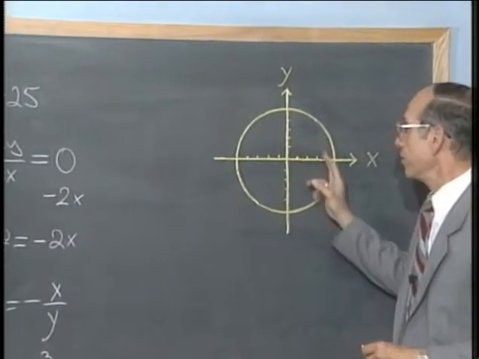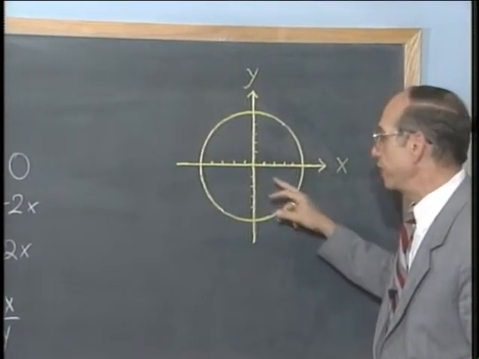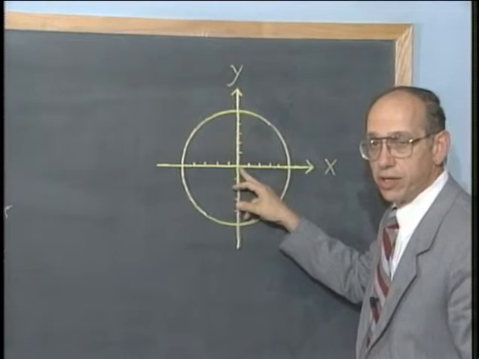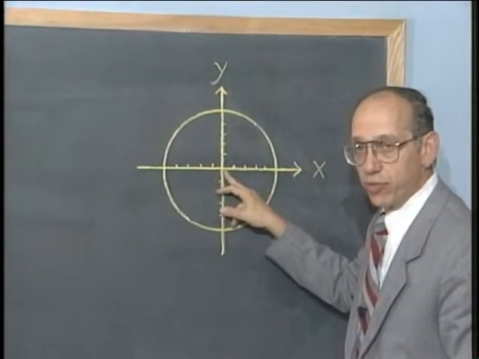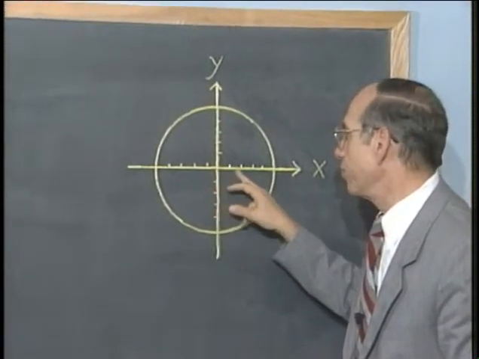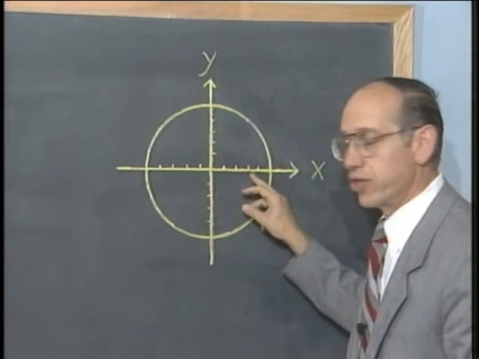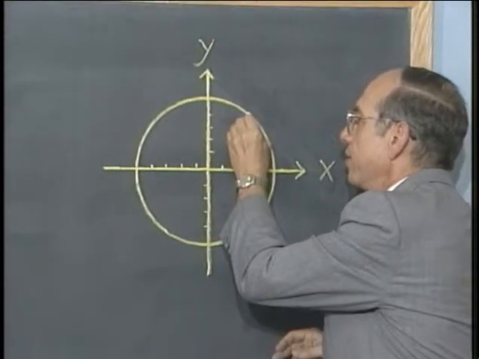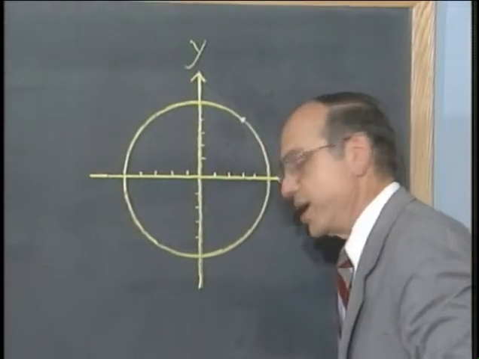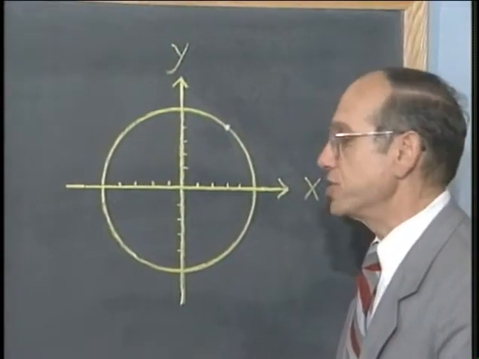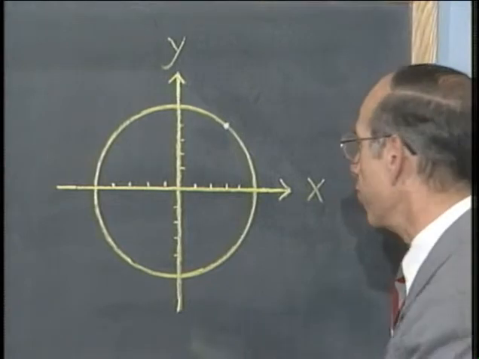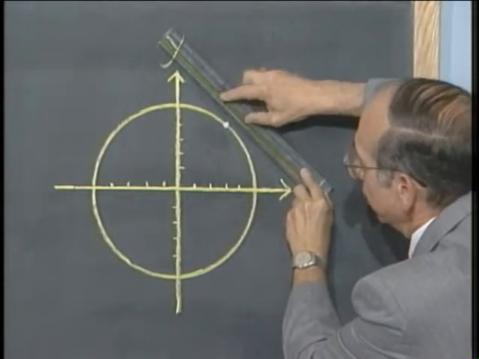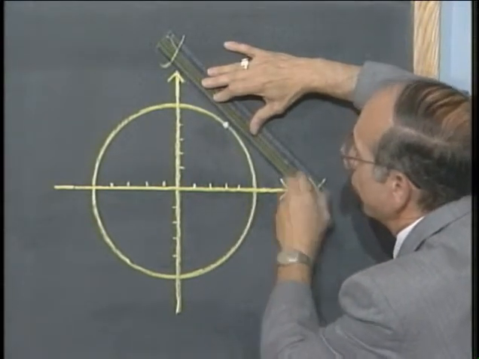Here's a graph, circle of radius 5, centered at the origin, and we're going to be drawing the tangent line at the point with coordinates 3, 4. Here's 3, 4, right about here, and the tangent line at this point has slope minus 3/4. So it looks something like this.